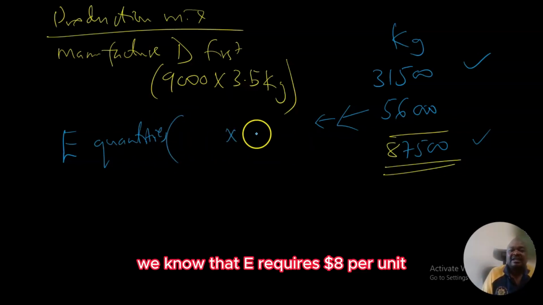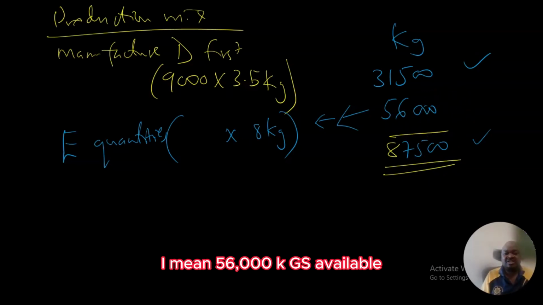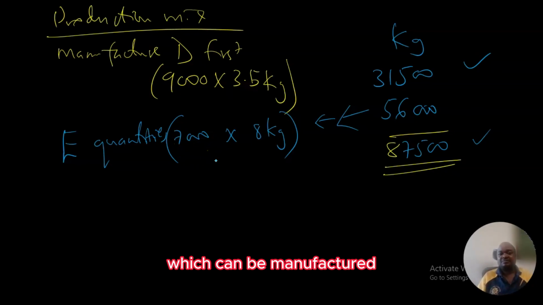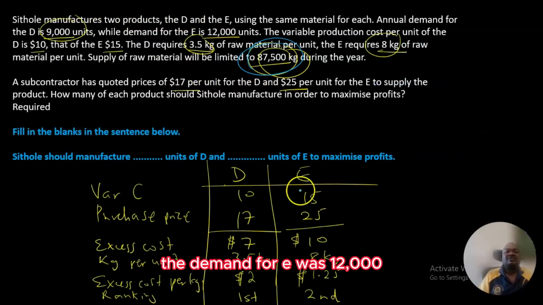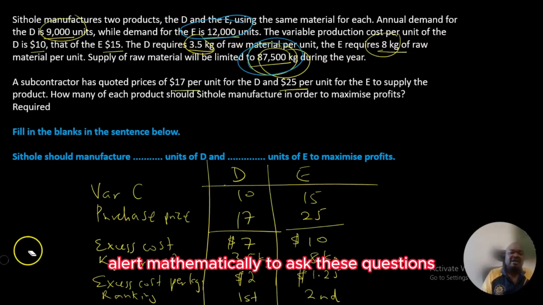We know that E requires 8 kgs per unit, but we have got 56,000 kgs available. So 56,000 divided by 8, it means that we have got 7,000 units which can be manufactured. However, the demand for E was 12,000. So you need to be very alert mathematically to ace these questions.